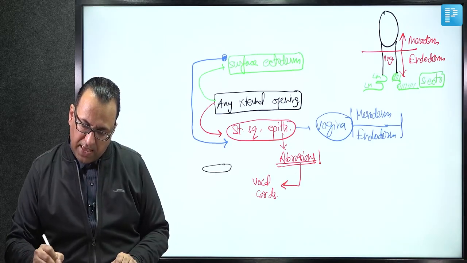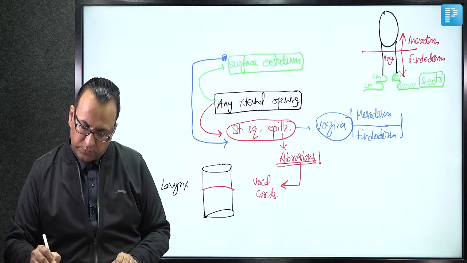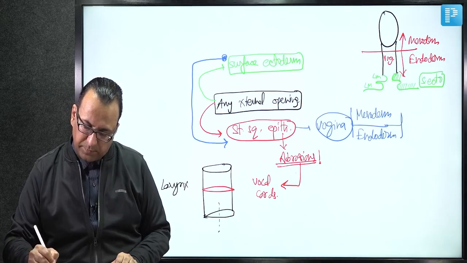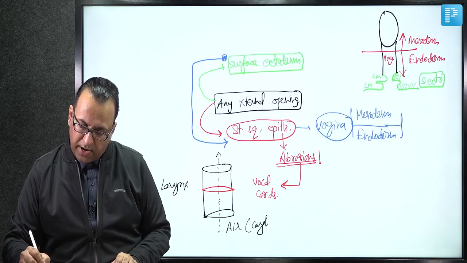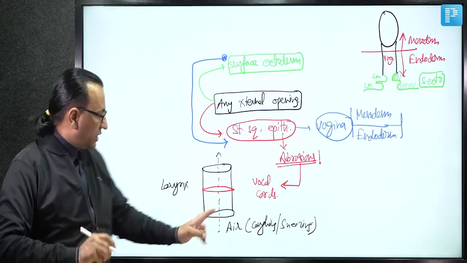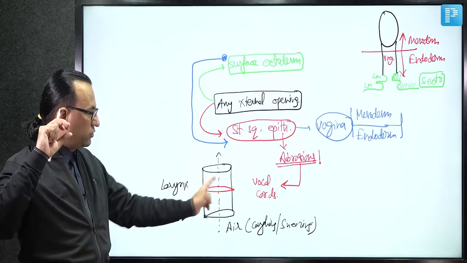Let us talk about the vocal cords as well. You know, in the larynx, there is a narrow opening which is in the region of vocal cords. And as the air is moving, especially while we are coughing and sneezing, the air is moving at high speed. That time, this opening, the vocal cord, that narrow surface, is prone to abrasion.